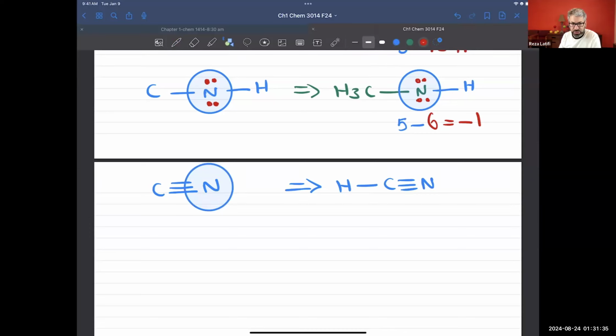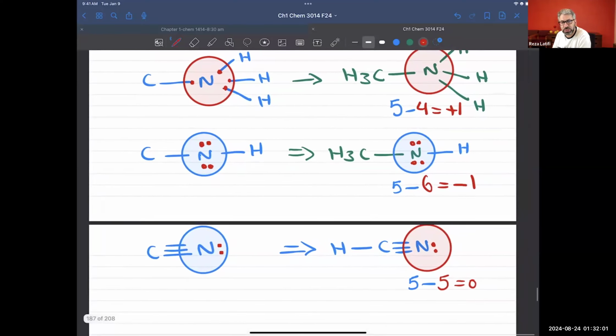We're missing 2 electrons to be octeted, so we're going to add 2 electrons on nitrogen, and here you go. It will be octeted. And how about the formal charge for it? Nitrogen is a group 5. I see 5 electrons around it. That's going to be 0.